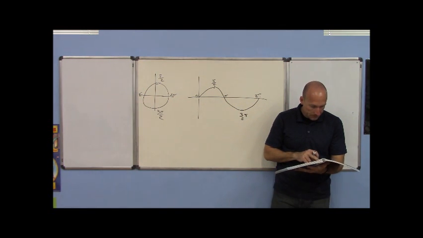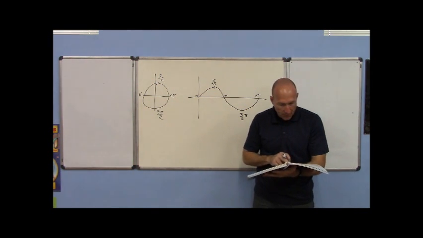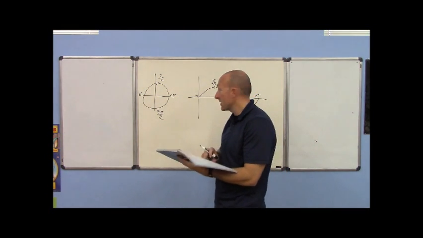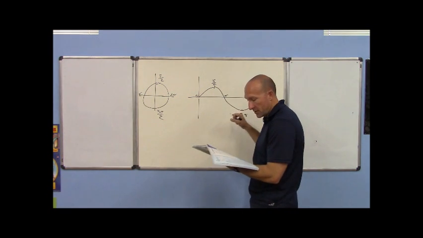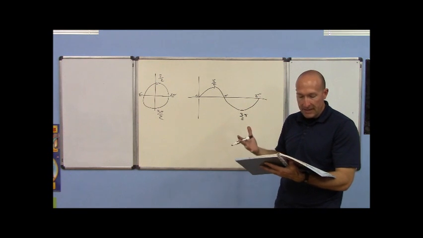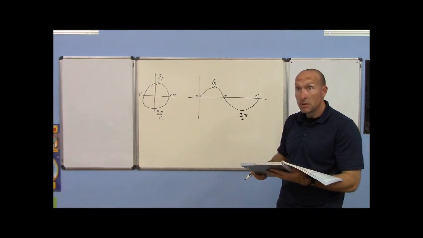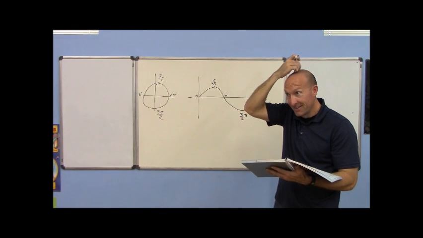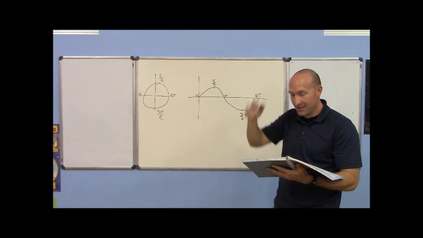The amplitude is 1/2 of the distance from its highest to its lowest point. Okay, I've got to find it somewhere.